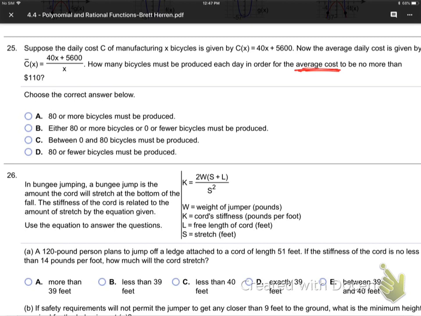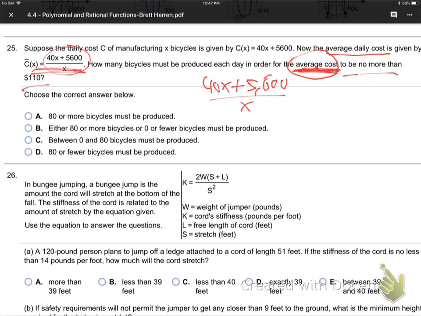All right. Average cost. Here's all you need. This sentence has it all. What's average cost? Daily average cost, less than or equal to. So average cost, they just said that function is average cost. See what it says up there? Average daily cost given by this function.